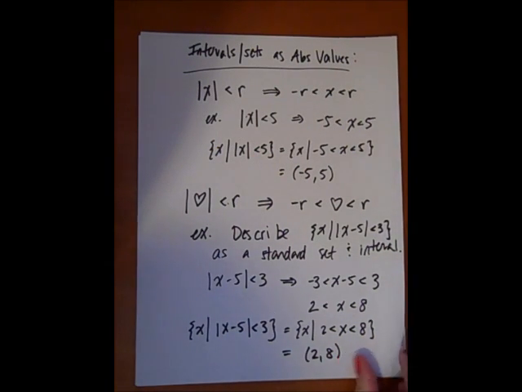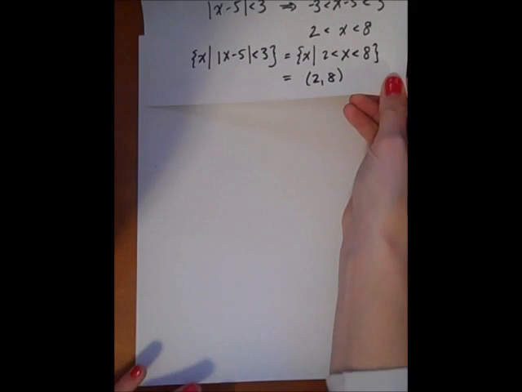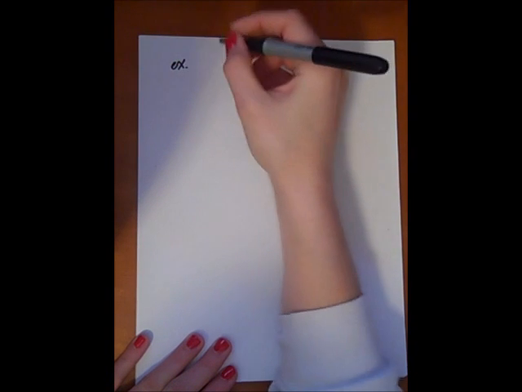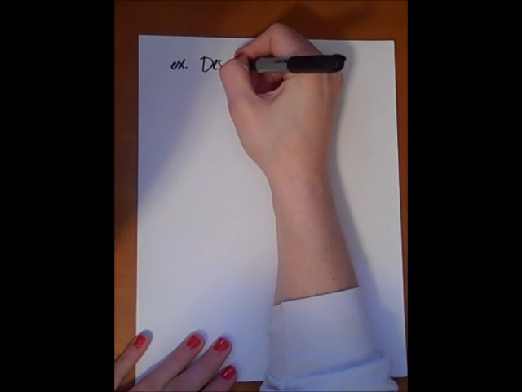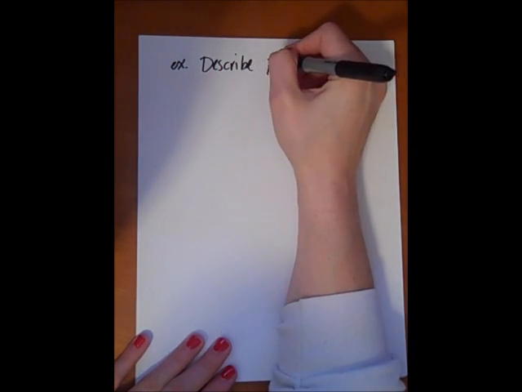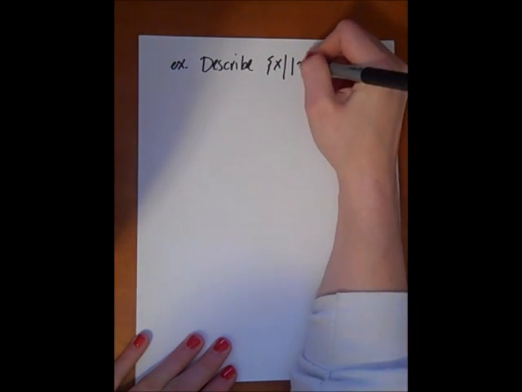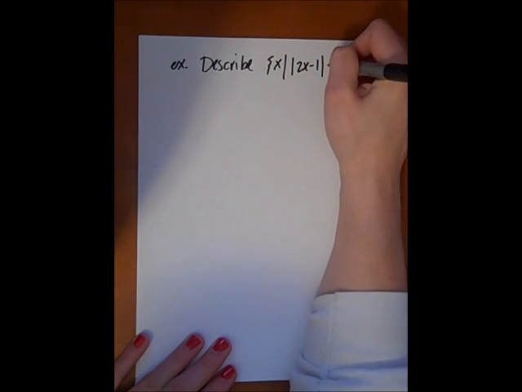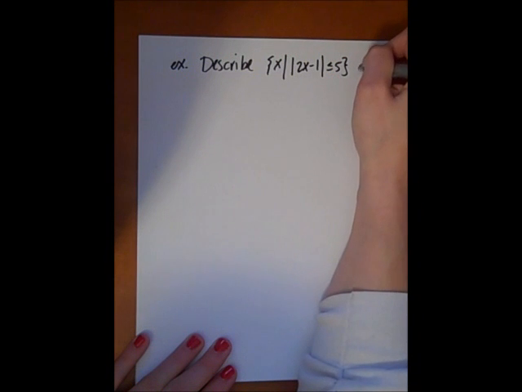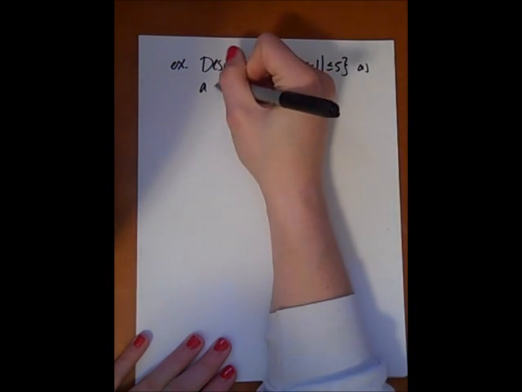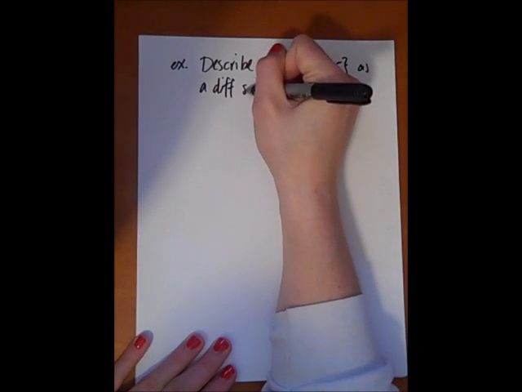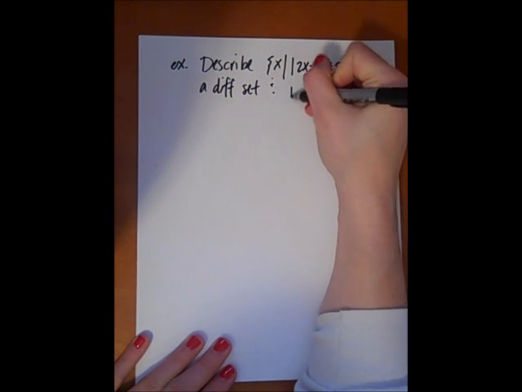Let's try another one. Let's describe the set of all x such that the absolute value of 2x minus 1 is less than or equal to 5 as a different set and interval.